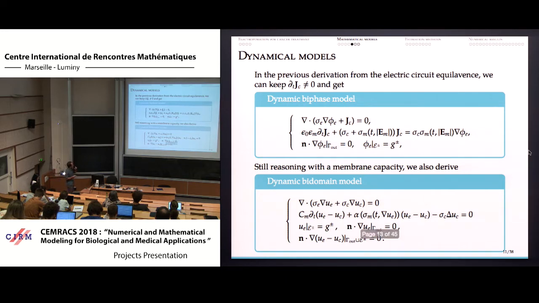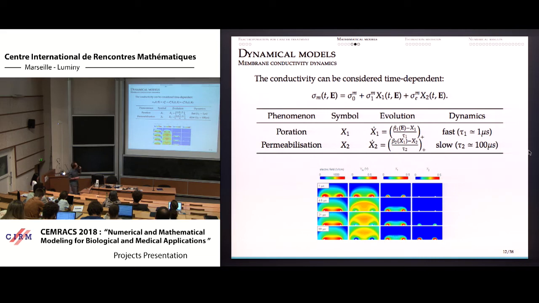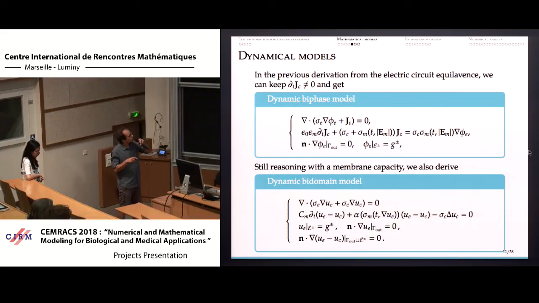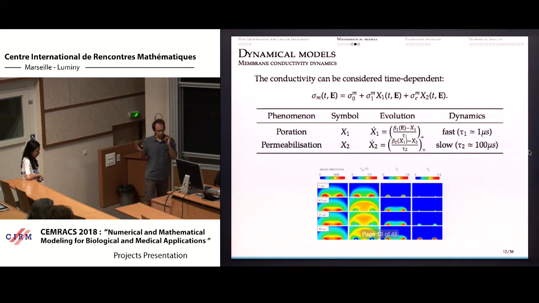One thing when we use dynamical versions is that we can have a time dependency of sigma m, which is done for now in a phenomenological way. Basically, we write equations for the phenomenon I described at the beginning.